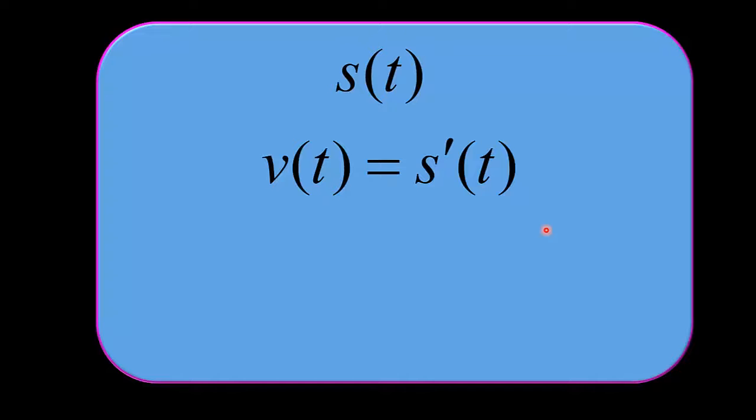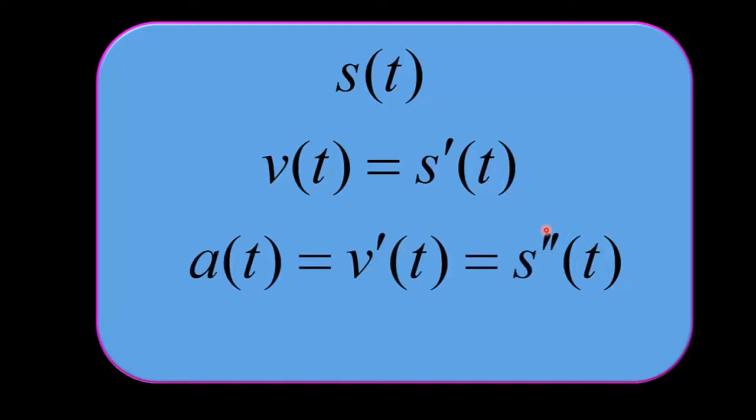It measures the change in position over the change in time. And acceleration is the derivative of velocity, where it measures the rate at which velocity is changing over time. So that's the first derivative of velocity and the second derivative of position.